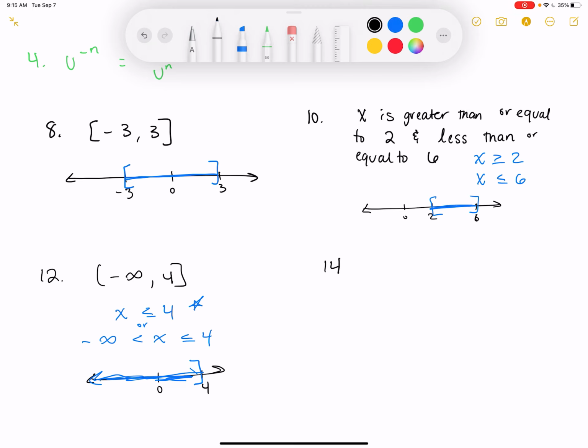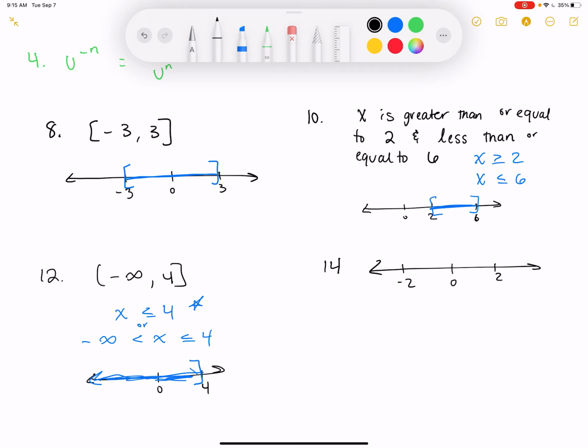Alright, let's do this one then. I'll pick up tomorrow and we'll wrap up the last couple things just to make sure y'all have everything the way I would do it. With this one, we're given a graph this time, and it wants to know the inequality.